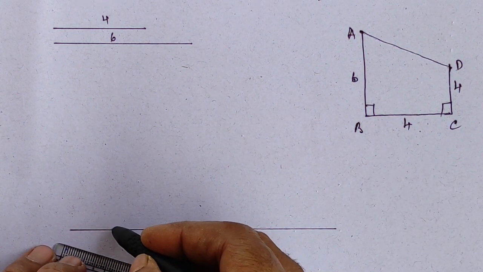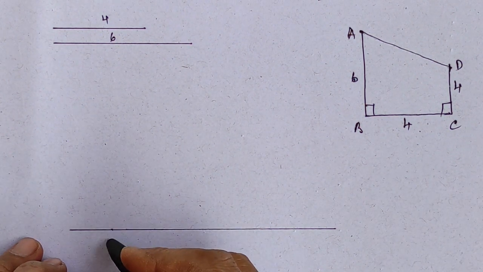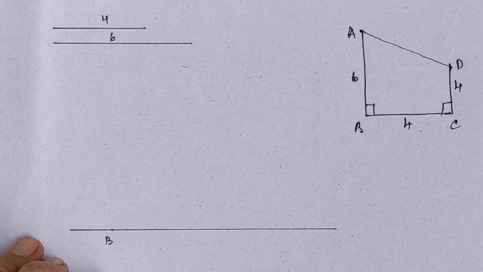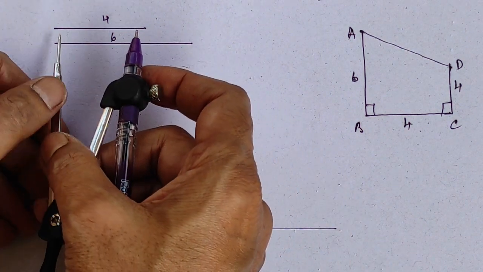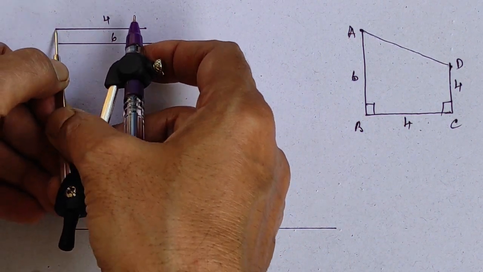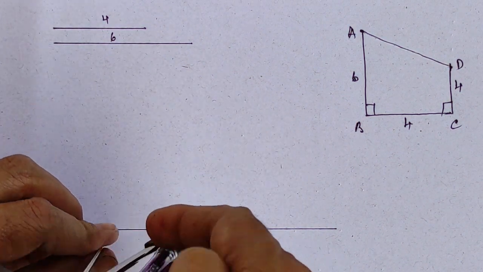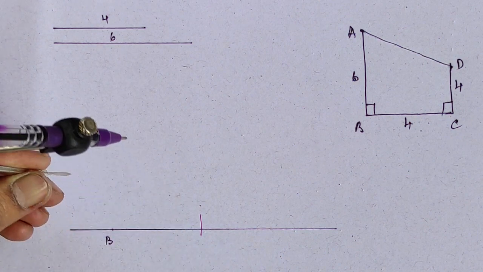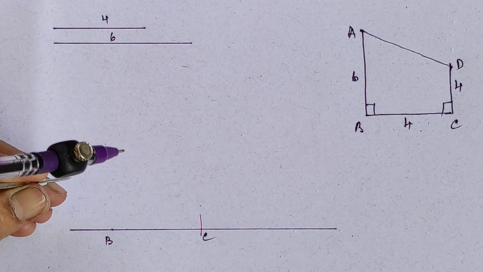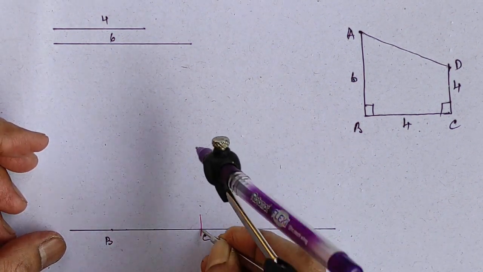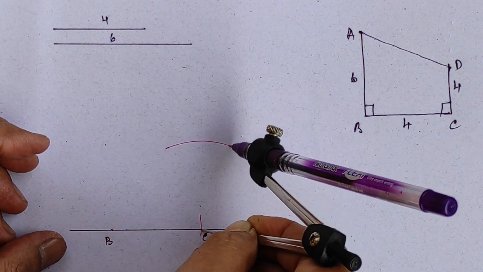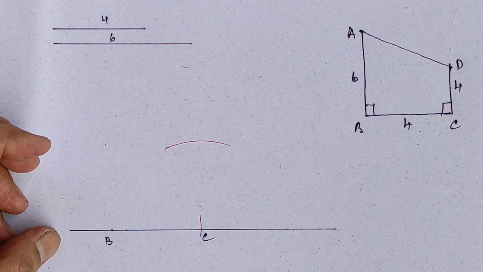Now on the main space one line segment, take B this time. From B we will measure 4 centimeters to get C. Another arc with radius 4 centimeter from C for D, and then a 90 degrees at B.